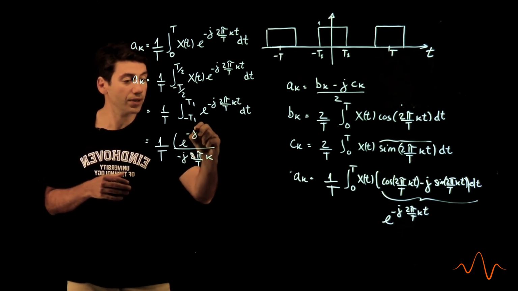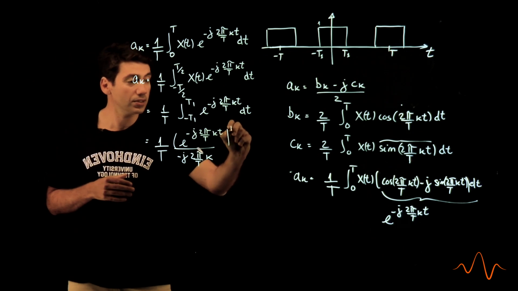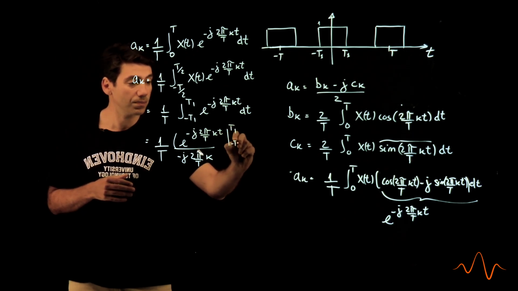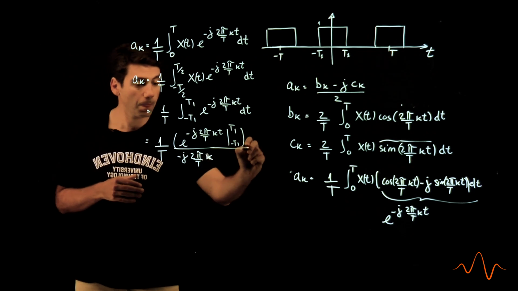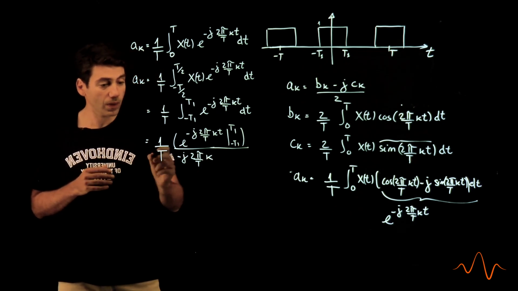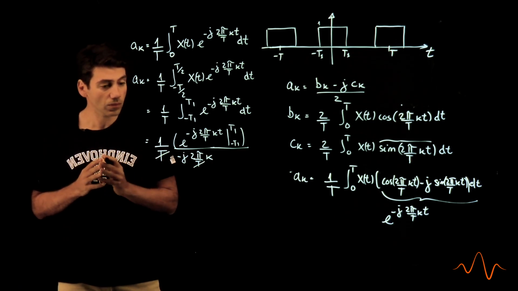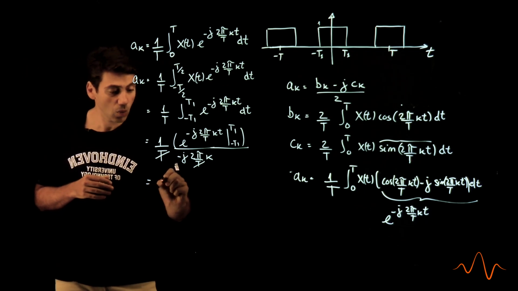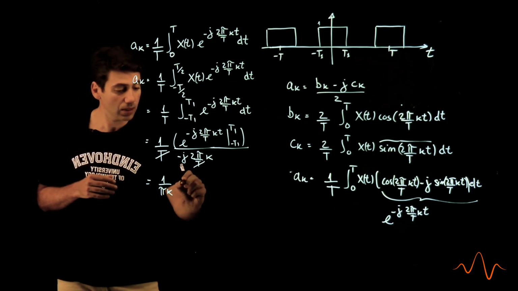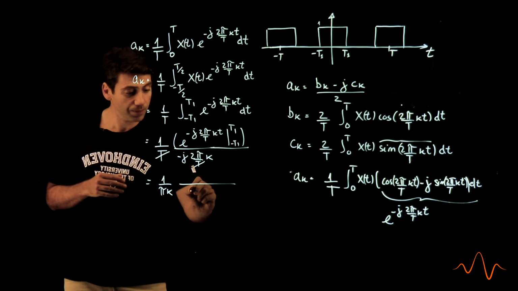And here we have the same function, but we have to evaluate it when t is t1 and minus t1. So now this capital T will cancel with capital T. And I'm going to write this like this: 1 over pi times k. And I'm going to keep the minus 2j here.